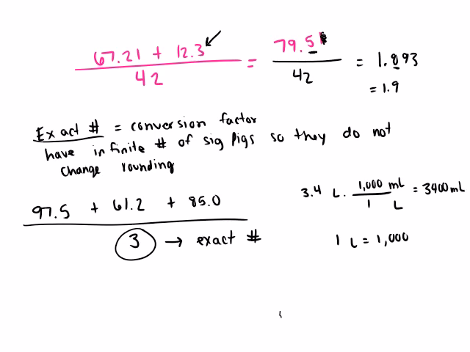This 1,000 has 1 sig fig, the 1 has 1 sig fig, but this is an exact number. So it's not going to affect how I round my answer. I have to look here at what I put in. So I have 2 sig figs in, I got 2 sig figs out, because these 2 zeros do not count.